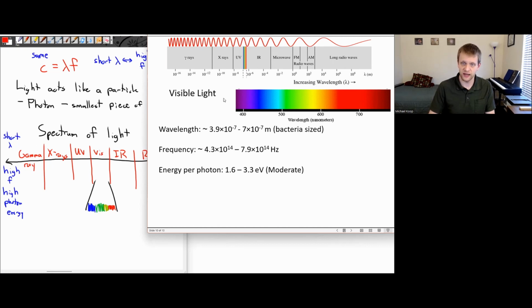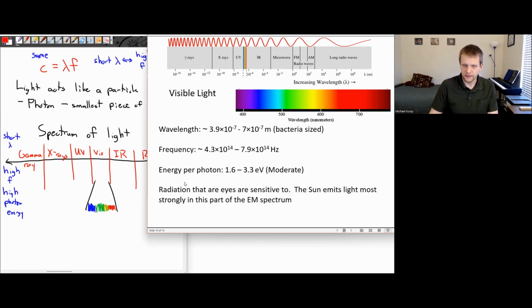If I go past violet, if it's earlier than violet, it's ultraviolet. If I go past red, it's infrared. And again, this is radiation that our eyes are sensitive to. Our sun emits light most strongly in this part of the spectrum, which kind of makes sense for why our eyes have developed to respond most strongly to visible light and not other forms of light.